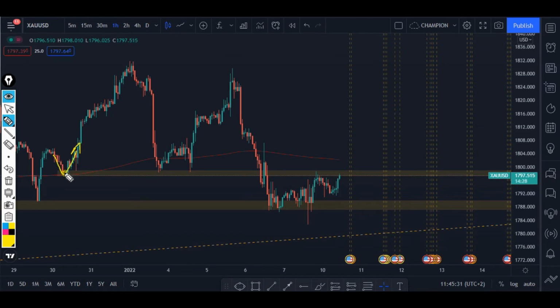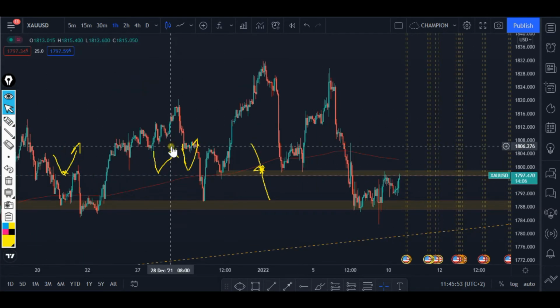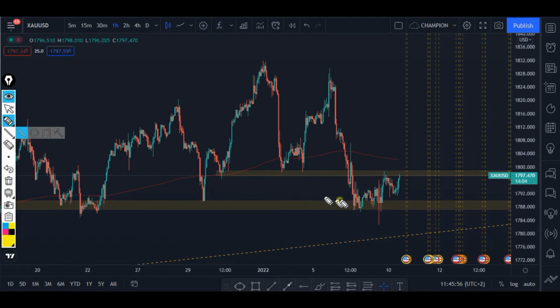The market came, respected the area, moved high, came again, respected the area, moved high, retested, respected and moved high, came, broke the area, broke the previous support and hit our main support, current support, and now broke it, respected the current support, went up, and the previous support, this one, it has become our resistance.